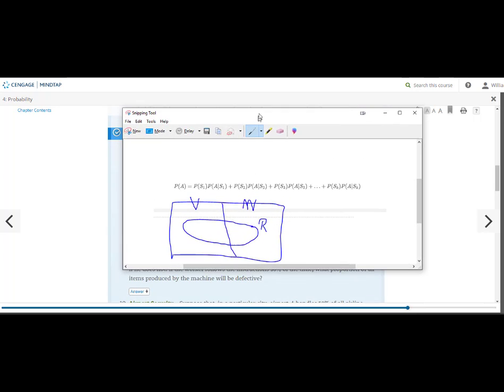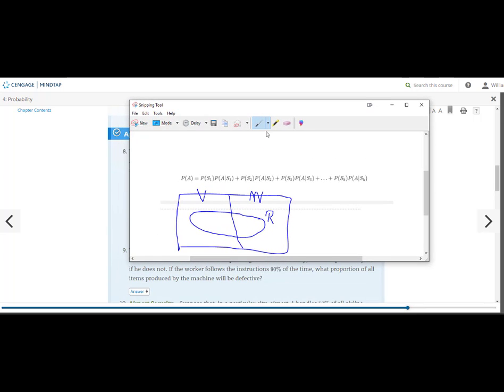So we want the percentage of reporting, or the probability that a crime is reported. Here this is what we've been calling A, but I called it R in this case. So I'll call it R. We want the probability of R.